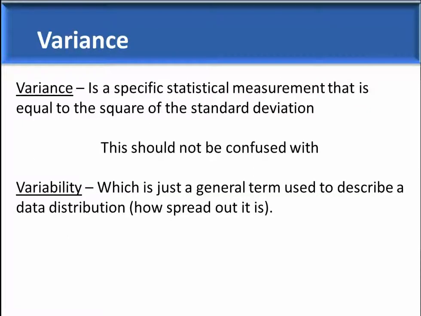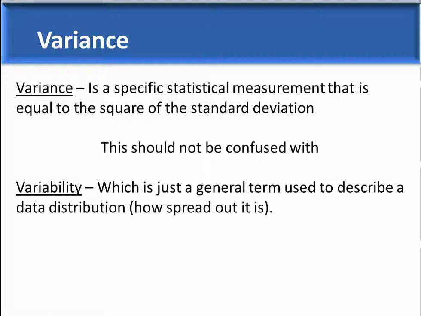So now I just want to address another term that you'll see discussed in conjunction with standard deviation, and that is variance. And what I first want to do is make a distinction between variance and variability, because those two words do seem very similar, but they're actually very distinctly different in statistics. In statistics, words have very specific meanings. Variance is a specific statistical measurement that is equal to the square of the standard deviation.